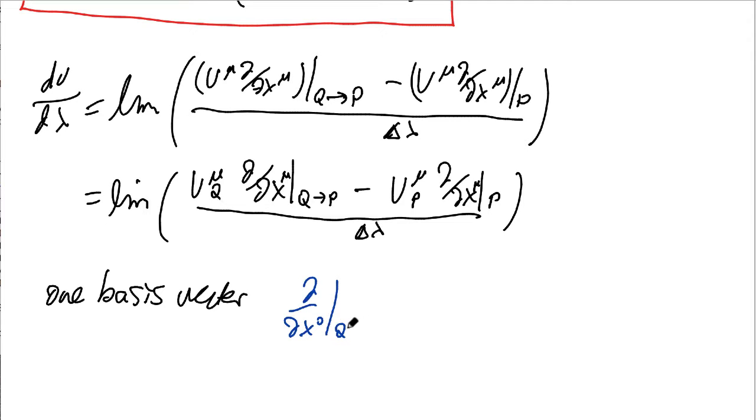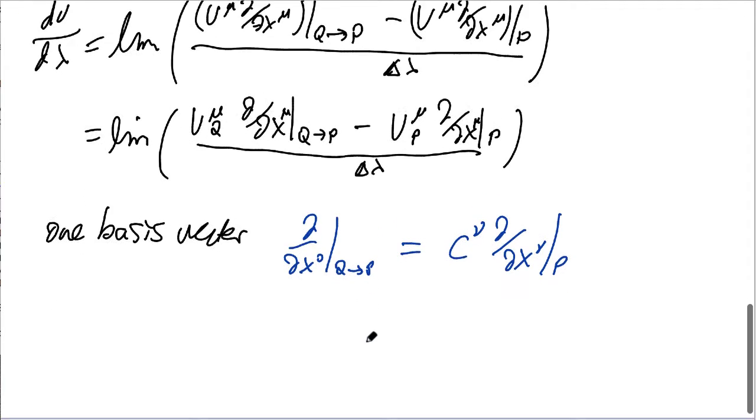That's one of the basis vectors that sits at point Q and is transported to point P. So this is a vector that sits at point P, and like any vector, it can be expanded as a linear combination of basis vectors at point P. So we can write this as a linear combination where the components of this vector at point P are these C's, C nu. And we of course can do this for every one of the basis vectors.